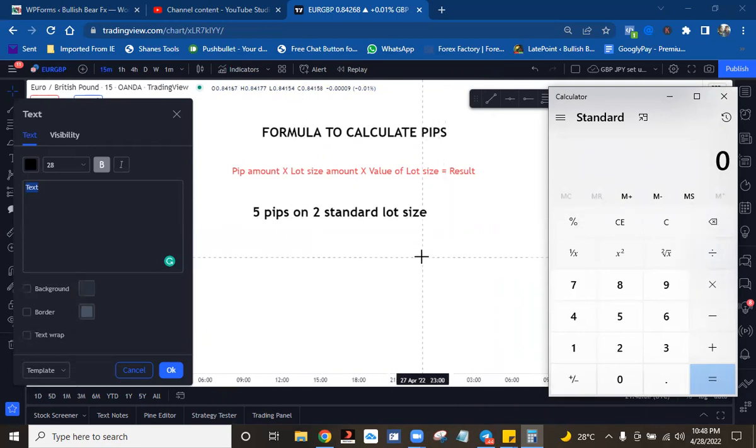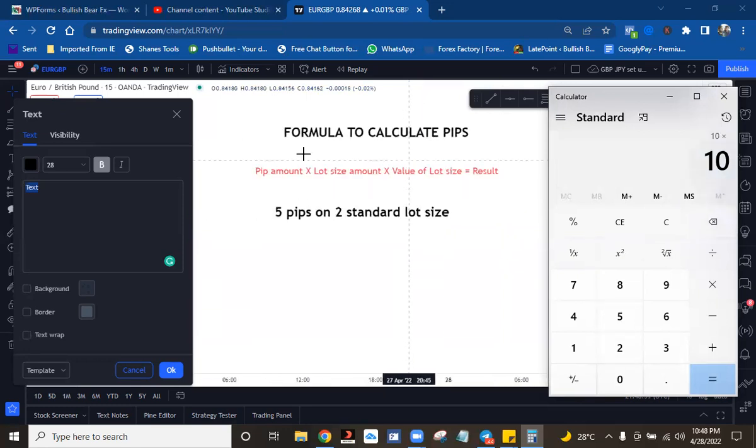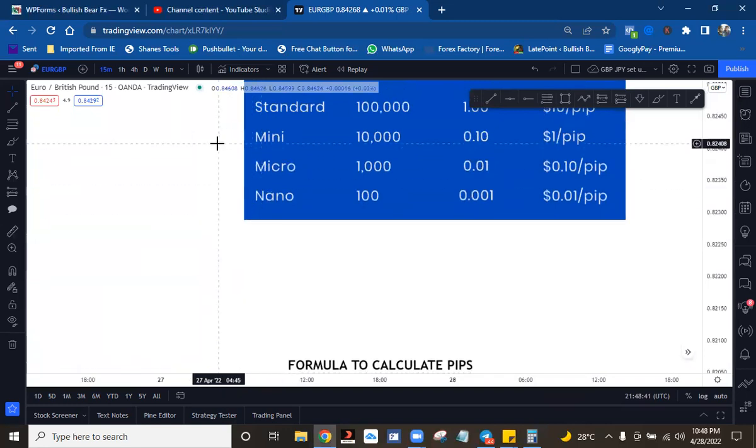How many pips? 5 pips. 5 pips. All right. Times what? Lot size amount times 2 standard lot size. All right. Times the value of that standard lot size, which I showed you guys here. This is the value.